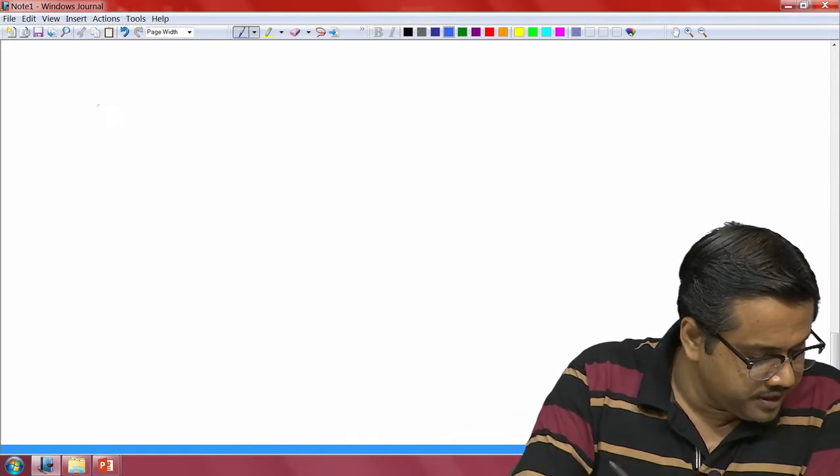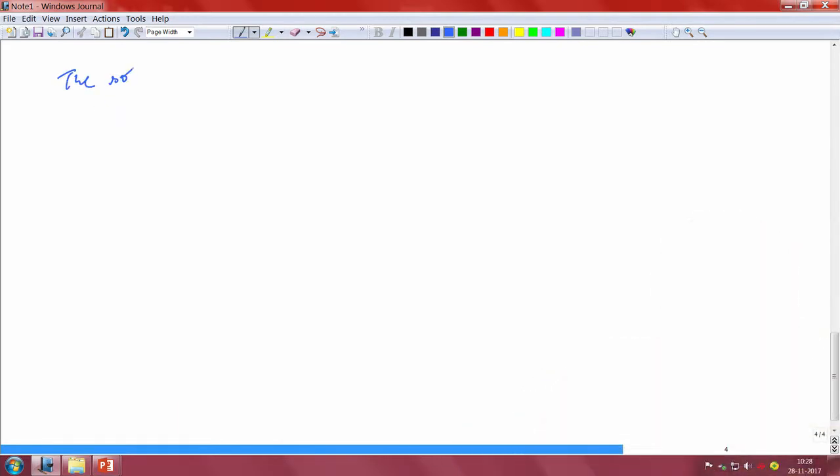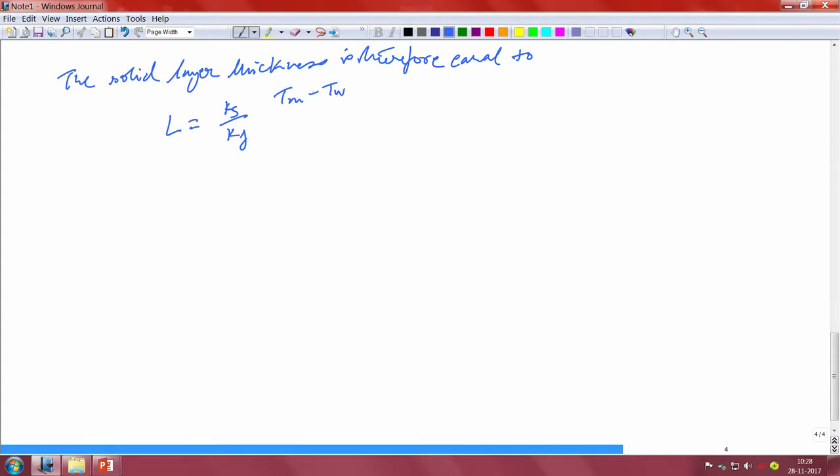So, the solid layer thickness L is equal to Ks by Kf, Tm minus Tw over T infinity minus Tm, times y by Nu y.